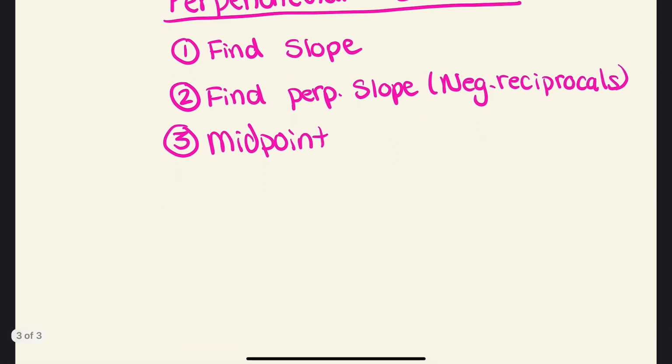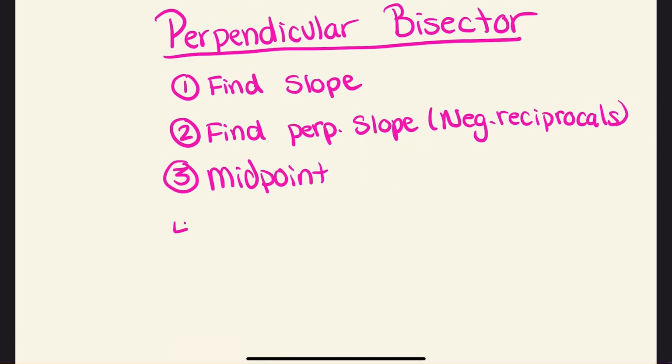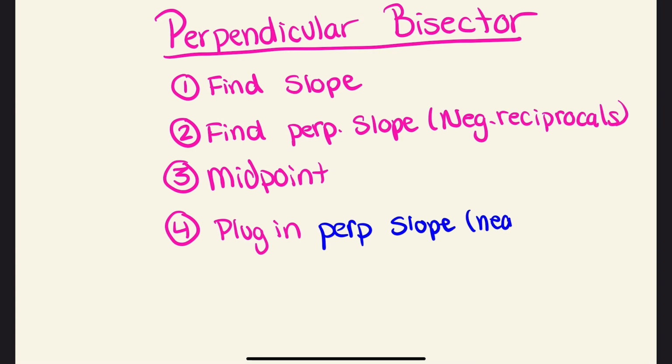And then my final step, step 4, is you are going to plug in your perpendicular slope. So I'm going to highlight it here. So let's see, perpendicular slope, which is our negative reciprocal, right? And midpoint into the equation.